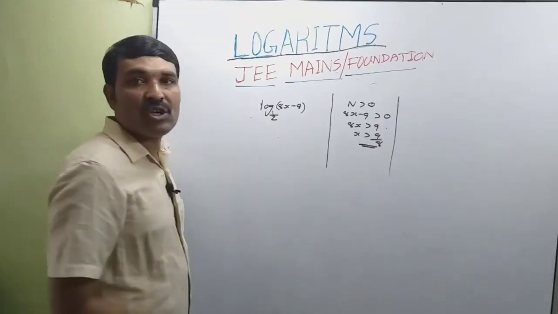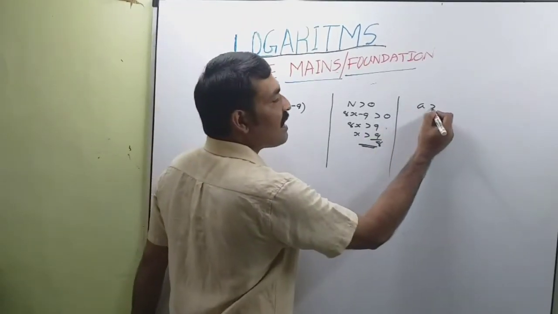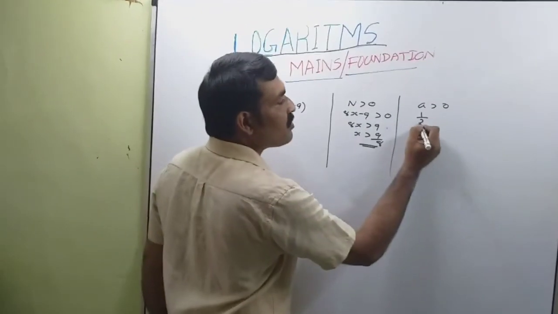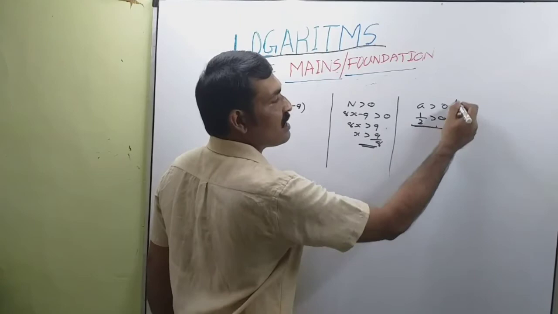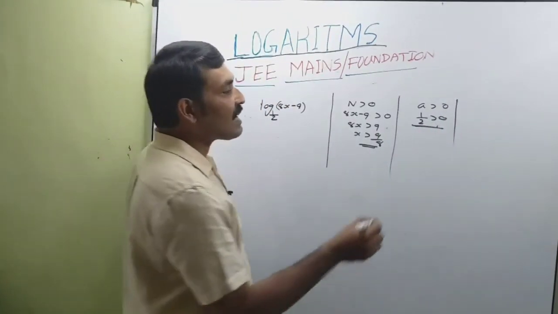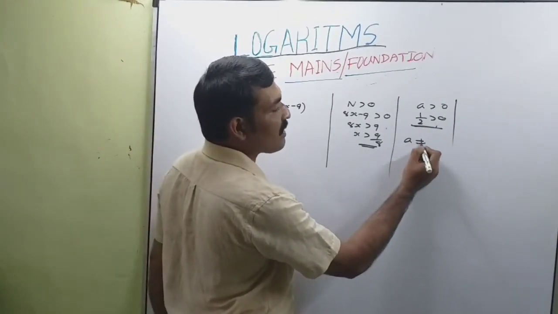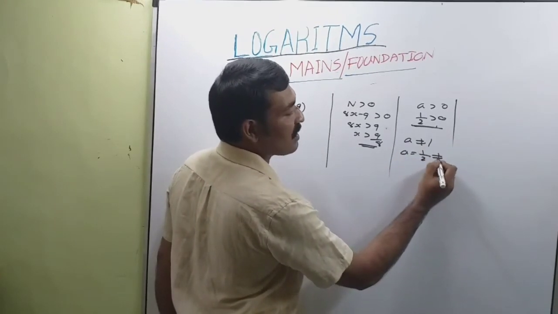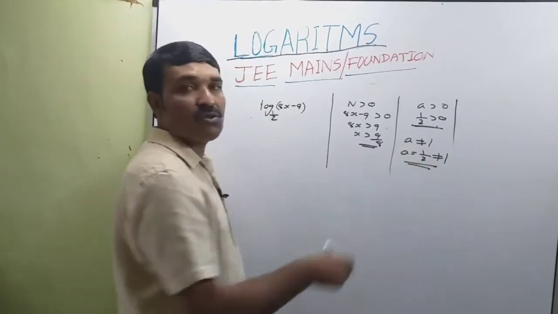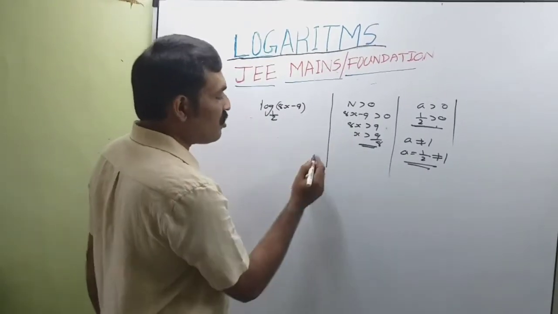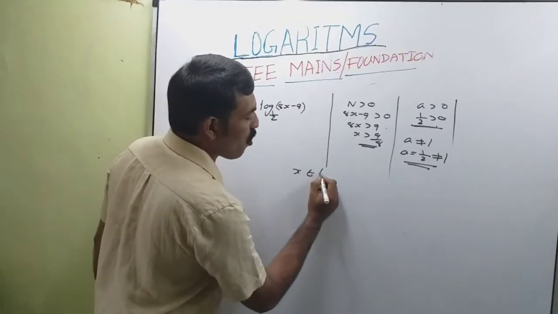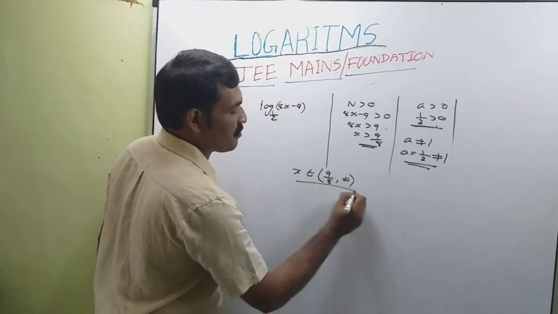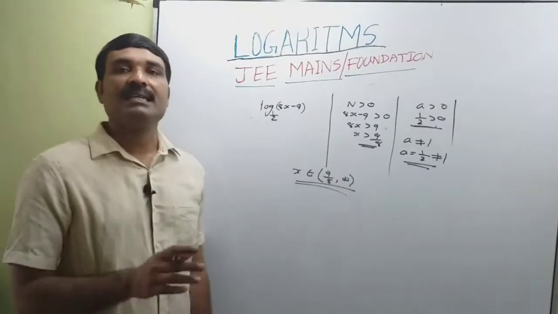And our second condition is a greater than 0. Here a is 1 by 2. 1 by 2 is greater than 0. So second condition is satisfied. Third condition is a not equal to 1. Here a is equal to 1 by 2. That is not equal to 1. So third condition is also satisfied. So the value of x belongs to open interval 9 by 8 to infinity. This is the value for which function is defined.